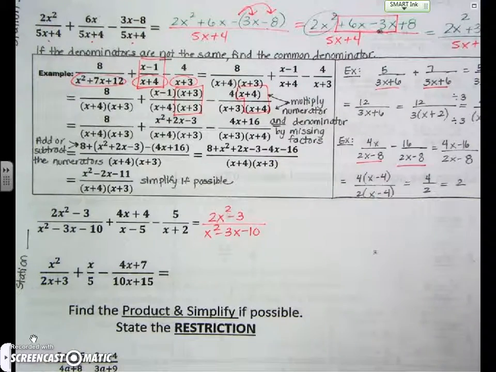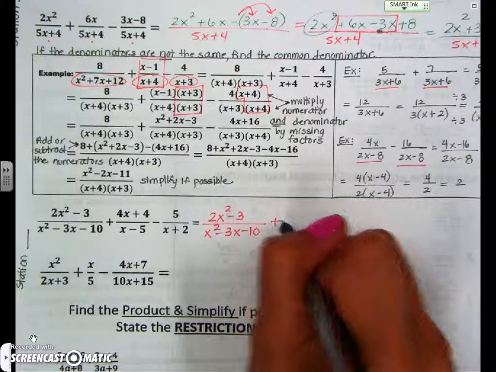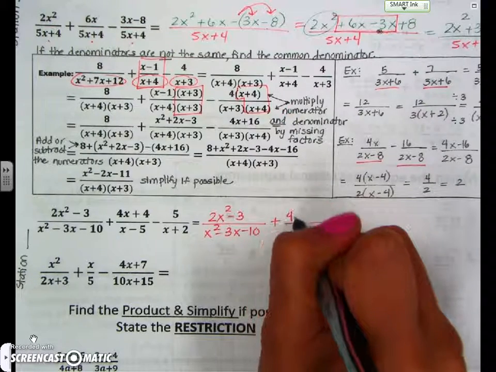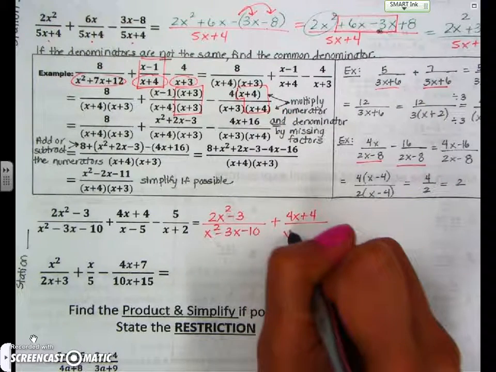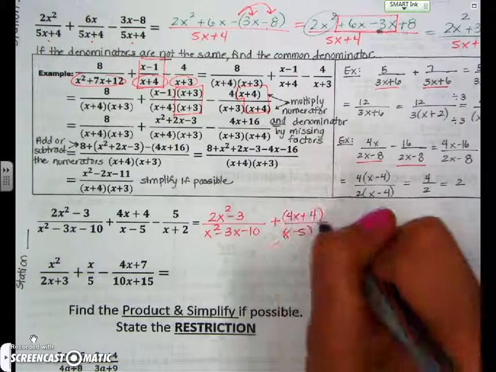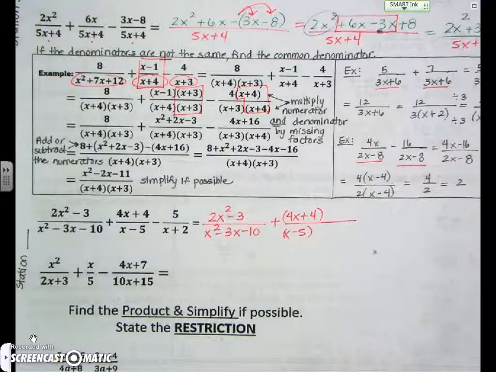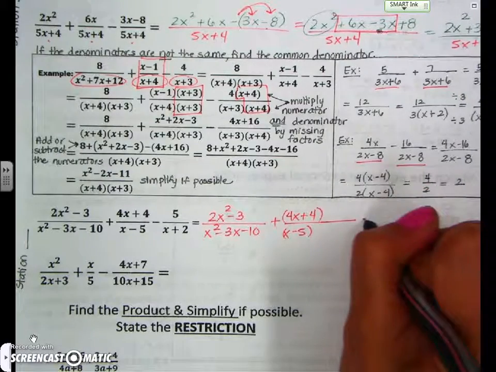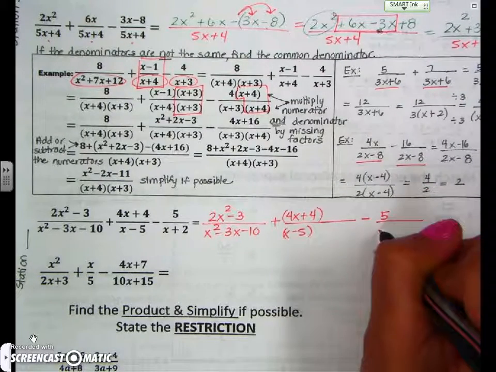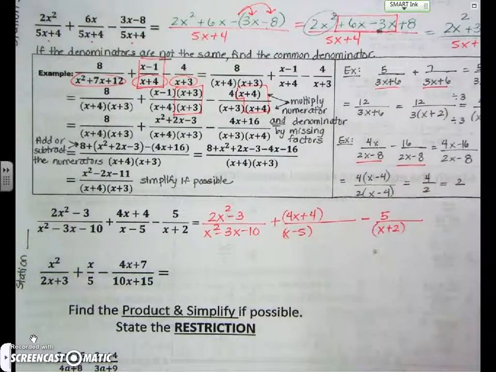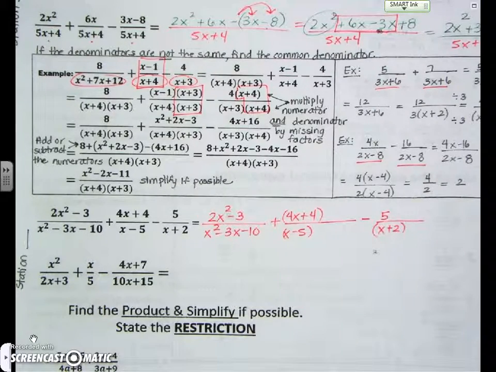Okay, I'm going to leave that the same. Plus 4x plus 4 over x minus 5. And just make your fraction a little bit longer. Minus 5 over x plus 2. So all I did basically was rewrite the whole function, but I'm going to add the common denominator.